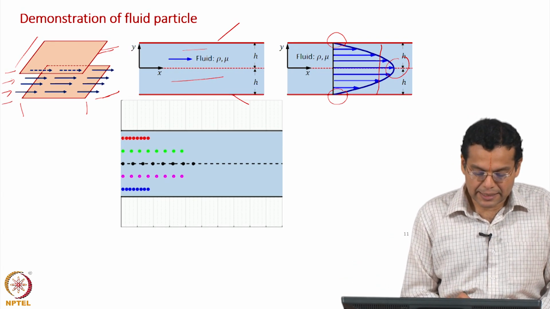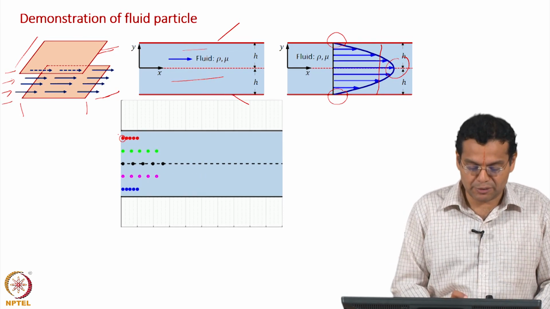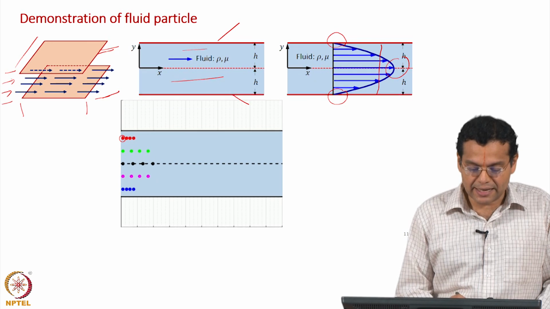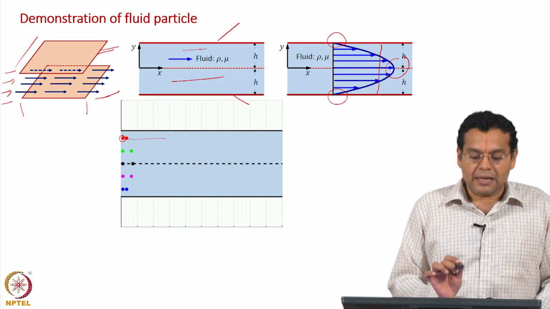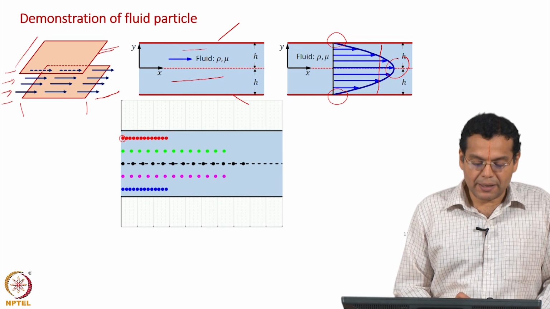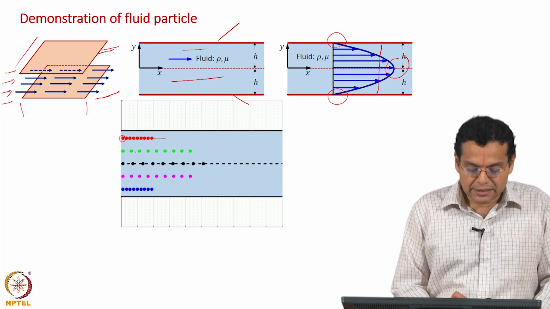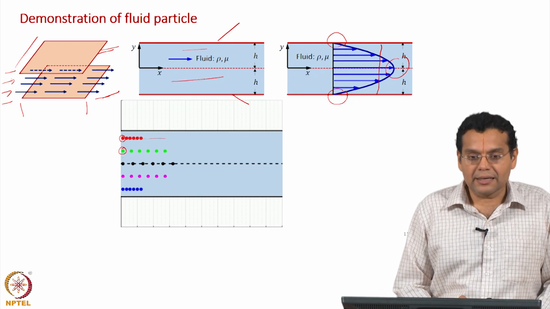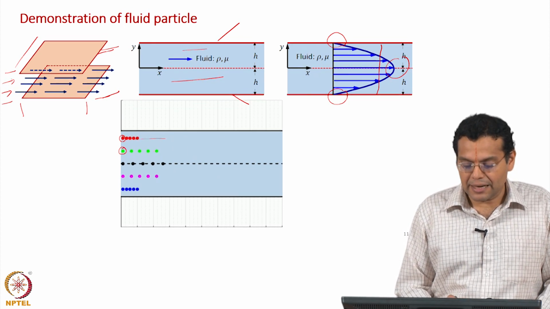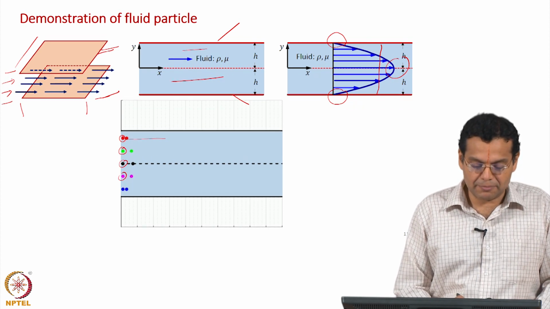Let us say I take a fluid group of a large enough number of molecules, color it with red dye and keep tracking that fluid particle. And as I said, the fluid particle contains the same set of molecules which I identified to begin with. Similarly, I can consider another fluid particle here dyed with green color and keep tracking what is happening to it. Similarly, I have shown several fluid particles.